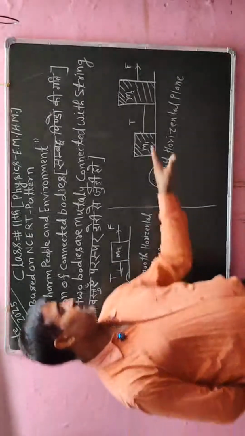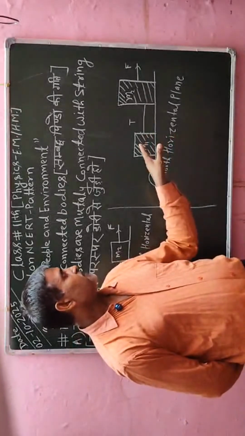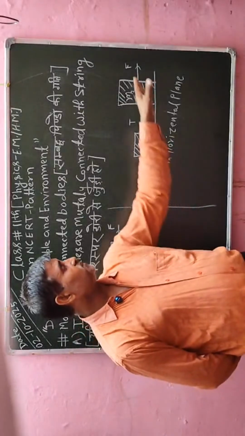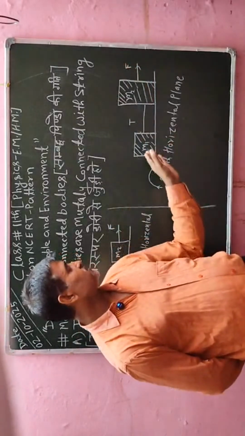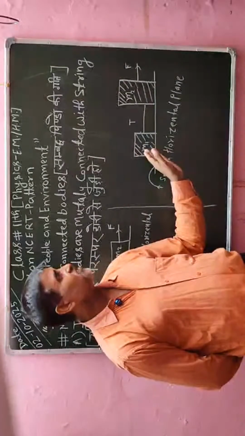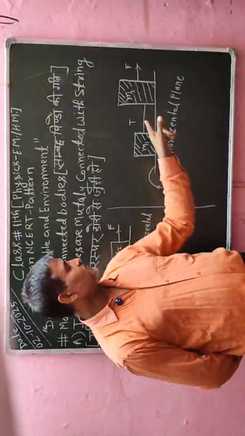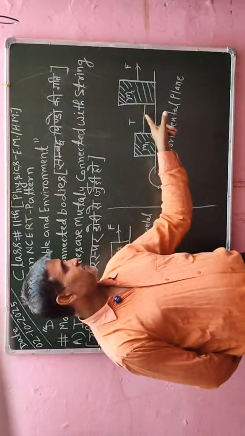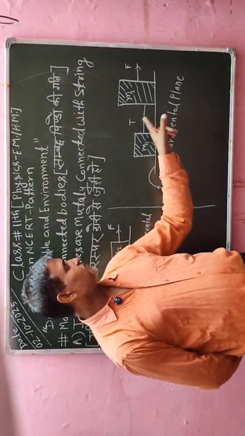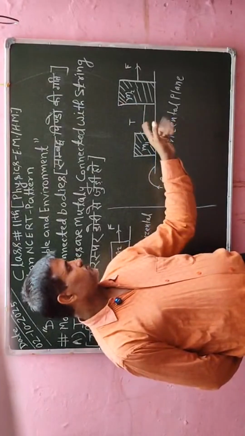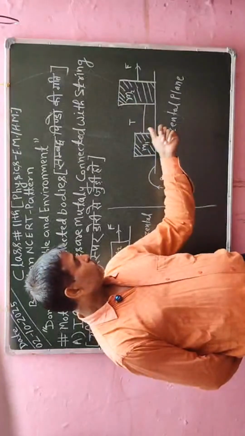So this is the combined figure, and one force is going in forward direction, so the second object is also going in that direction. It means that there is a thread between these two objects, both force.